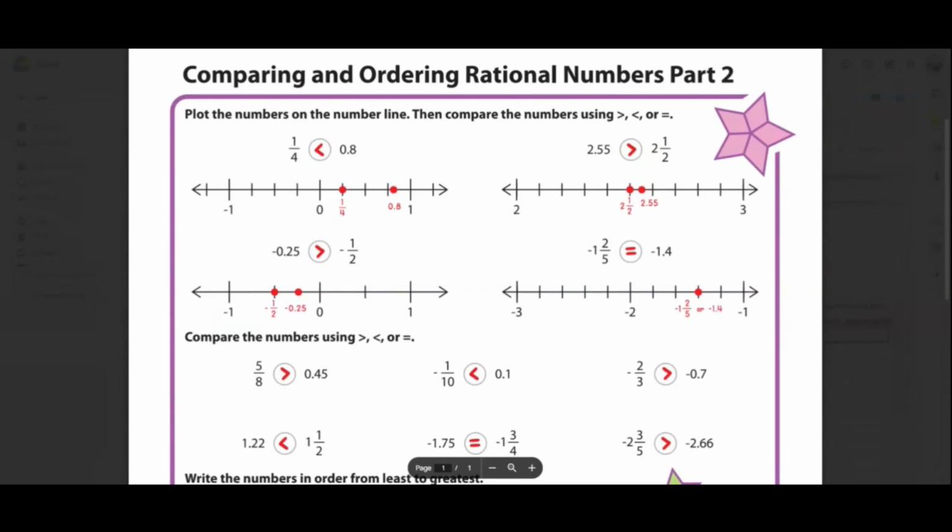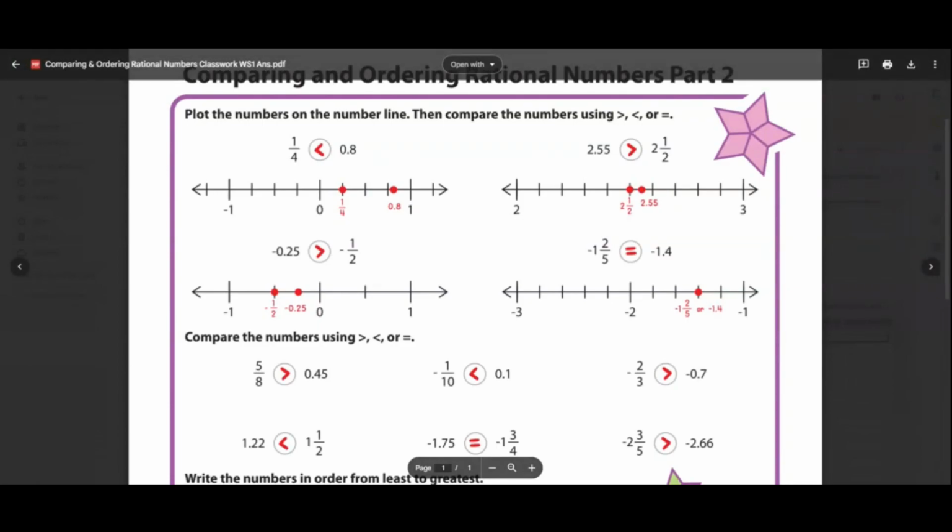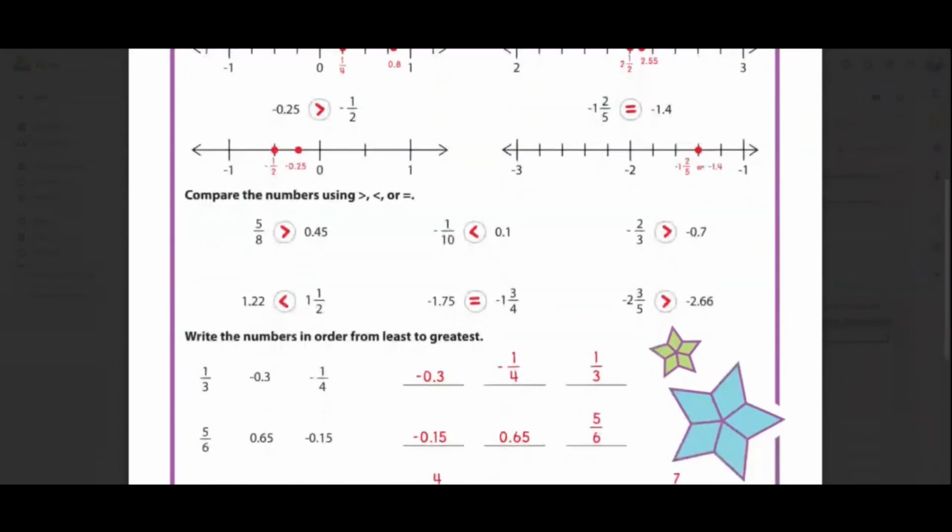Those are the answers for the first two sections. Okay, let me scroll up.